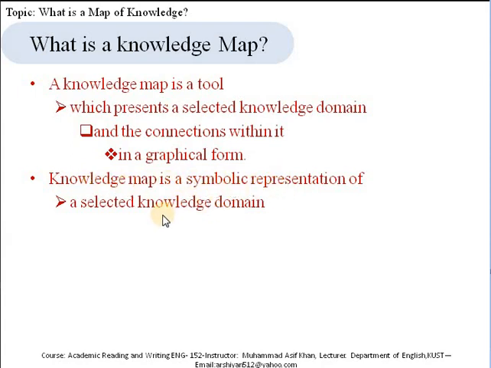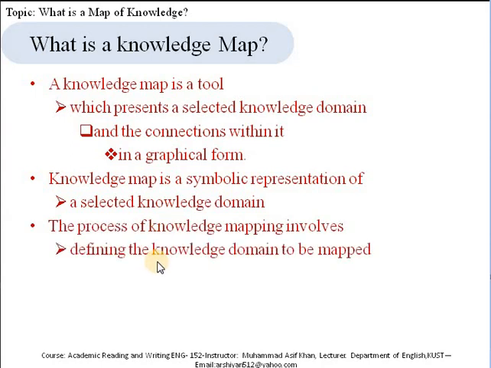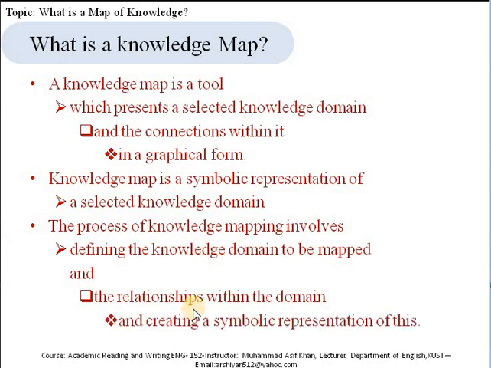The process of knowledge mapping involves defining the knowledge domain that we are mapping, and it also maps the relationships within the domain: what are the primary, secondary and peripheral ideas, and what are the branches coming out of the main ideas.